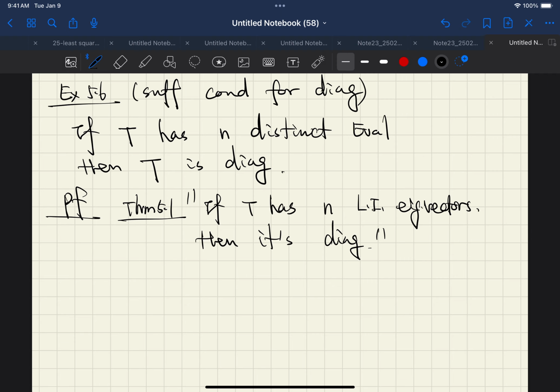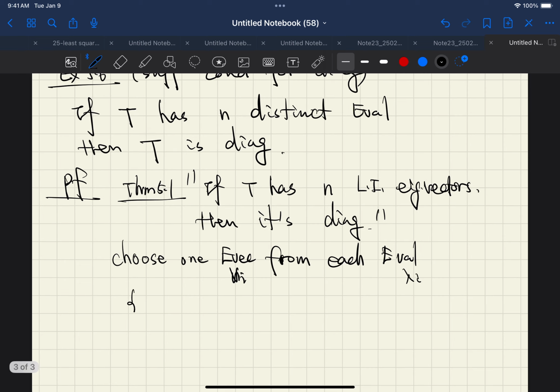Now, if you have n distinct eigenvalues, then we can choose one eigenvector from each eigenvalue. So let's say this is v_i from lambda i.